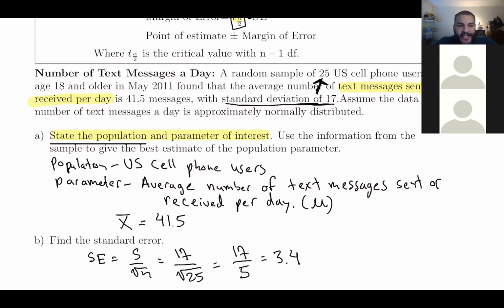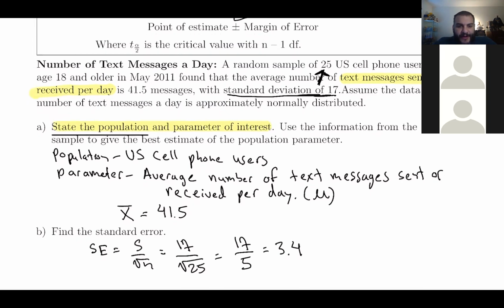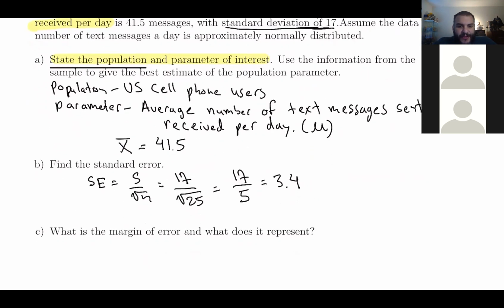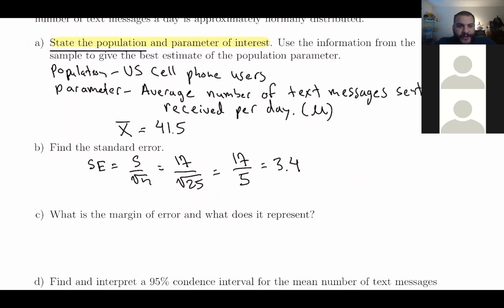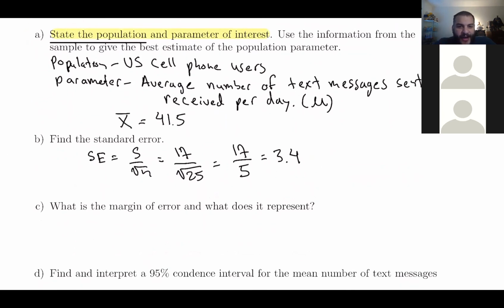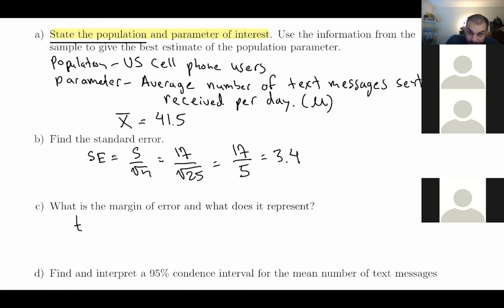Any question for standard error? All right, cool. So it says, what is the margin of error and what does it represent? So in order to find margin of error, we're going to need to find t alpha divided by 2.